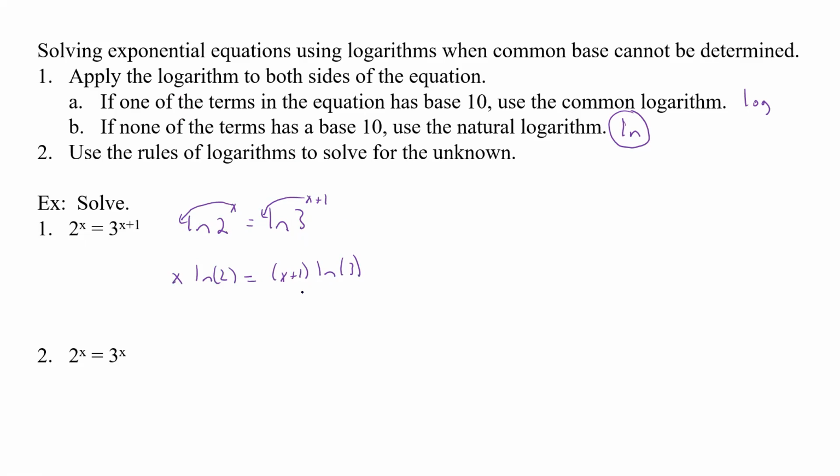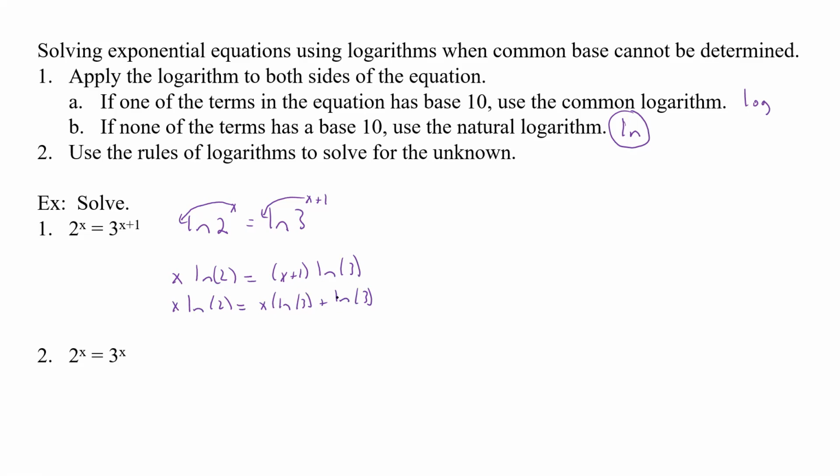Well, now what do I want to do? Well, now I think I'm going to distribute here so I can get all of it together. So then I'll have x ln of 2 equals, now I have x ln of 3 and then plus ln of 3. So the ln of 3 times x is ln of 3 times x, and then times 1 is just that.